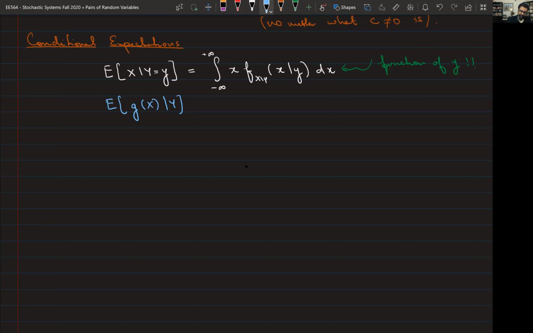What do you think this should be, Salar? The kind of question I may be trying to answer here is, for example, the average weight squared of 5-year-olds, given that they are 5-year-olds?